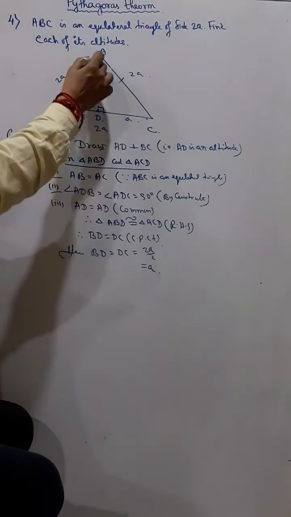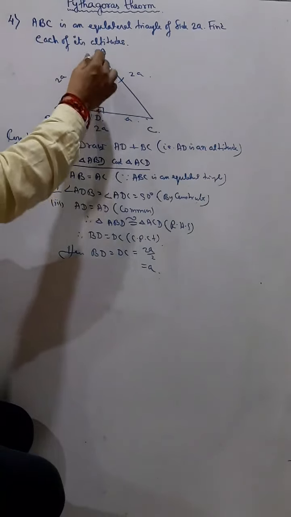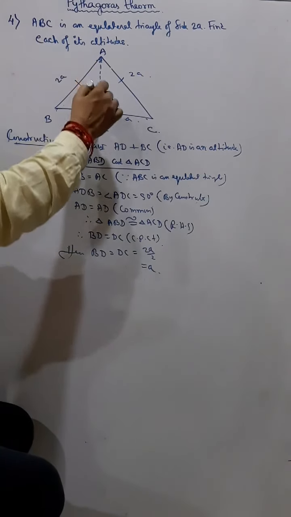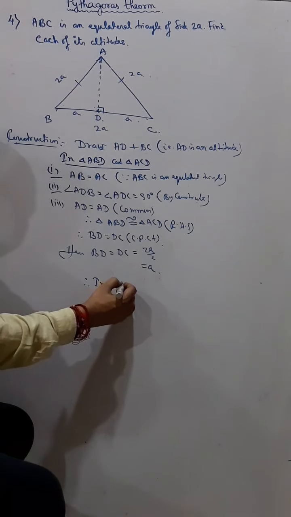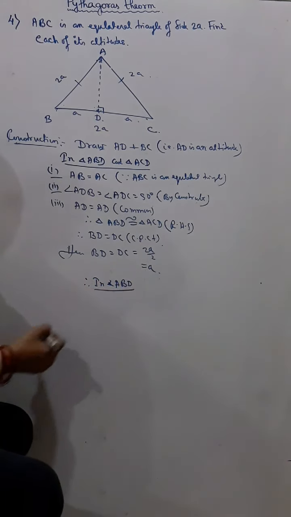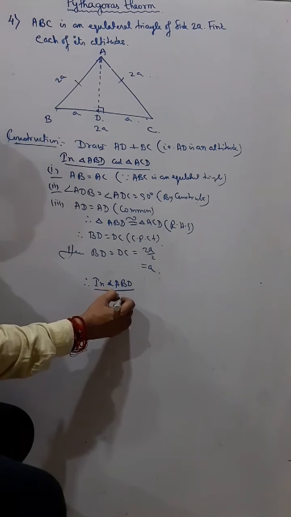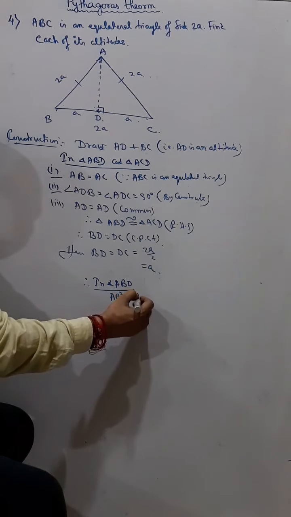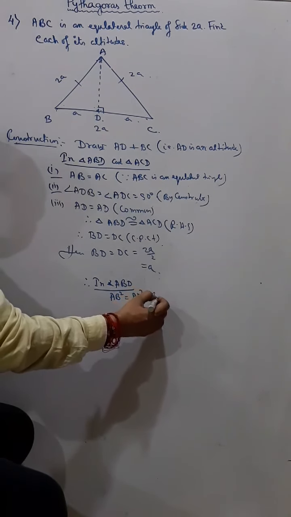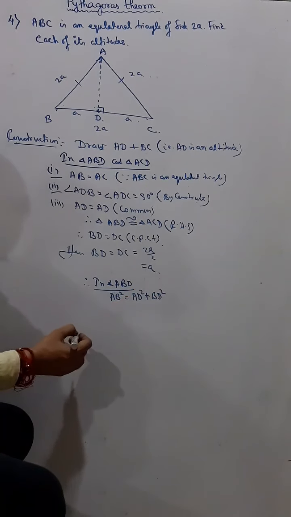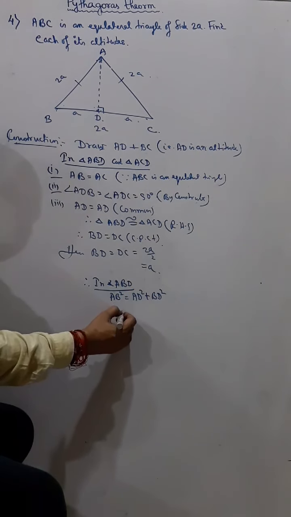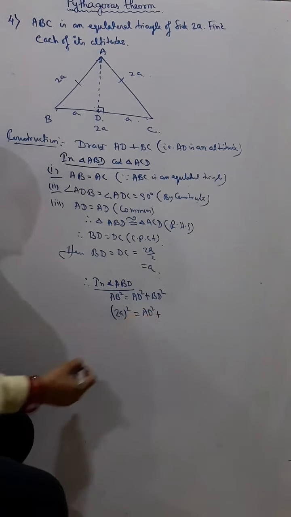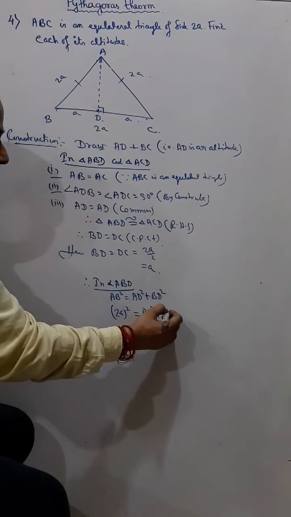Now we can apply the Pythagoras theorem and get the height AD. In triangle ABD, AB square is equal to AD square plus BD square. AB square means 2A square, we have to find AD square, and BD means A square.